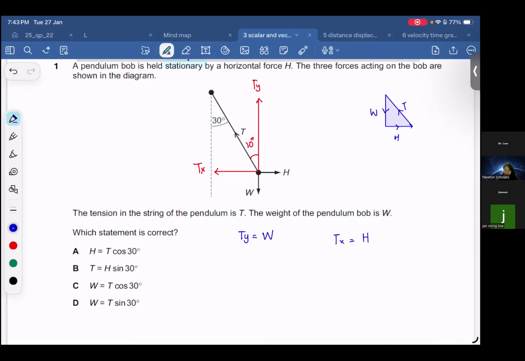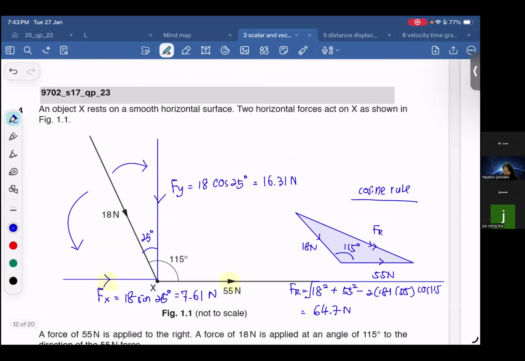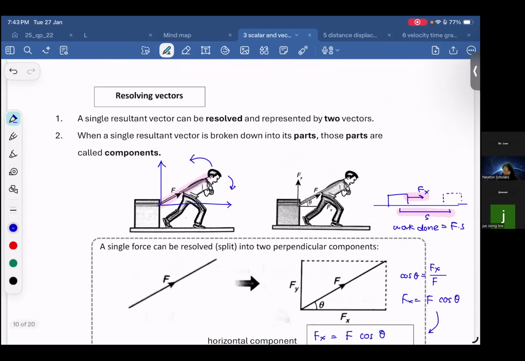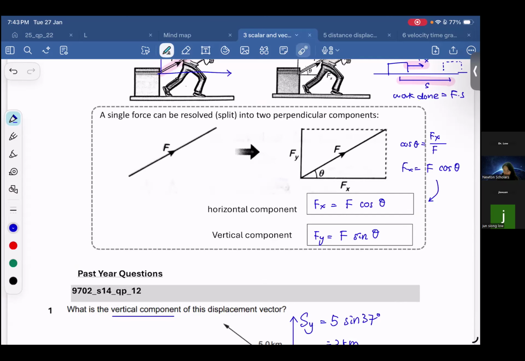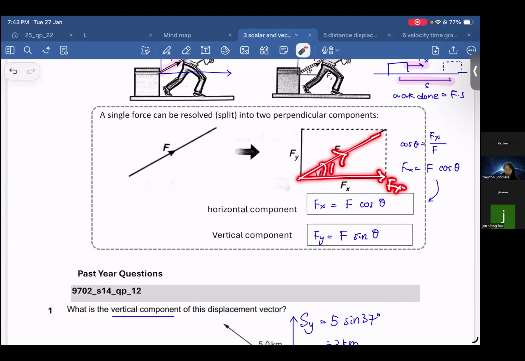Okay, Jiaxuan, it is like this, resolution of forces. Now you assume you learned this. We want to resolve F into Fx, and this is the angle. So you can use trigonometry, using cos.